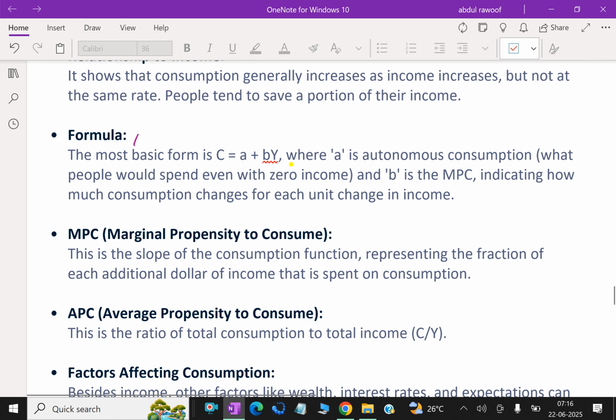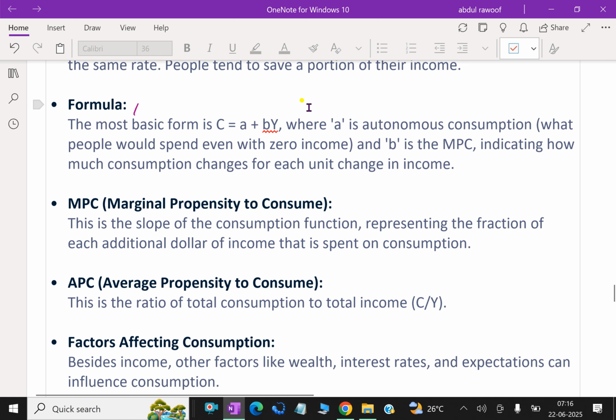Formula. The most basic formula is C equals A plus BY, a linear relation, where A is the autonomous consumption, what people would spend even with zero income, and B is the MPC, indicating how much consumption changes for each unit change in income.